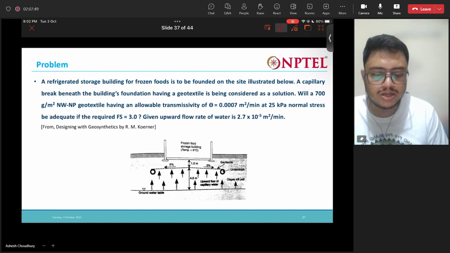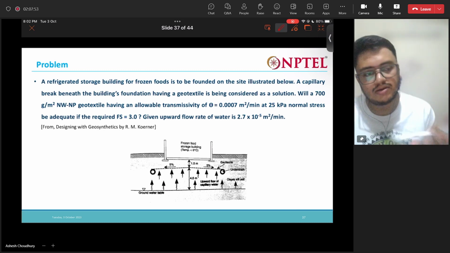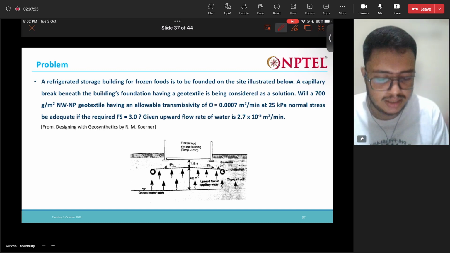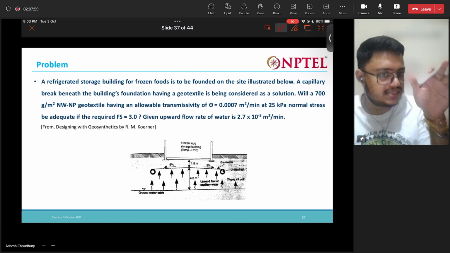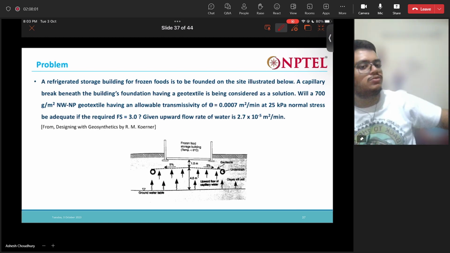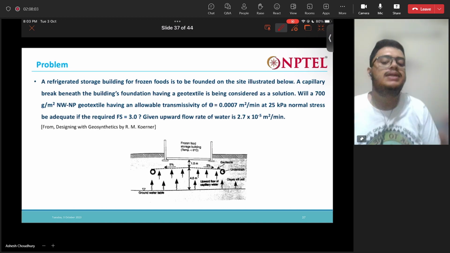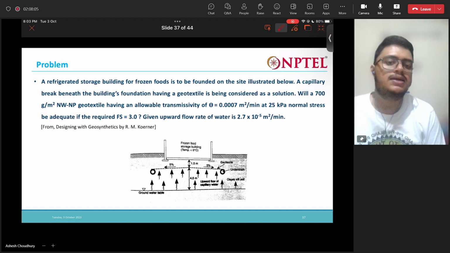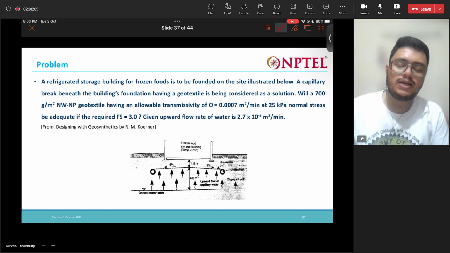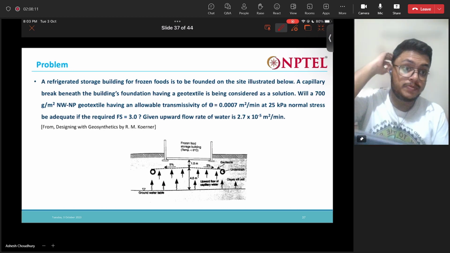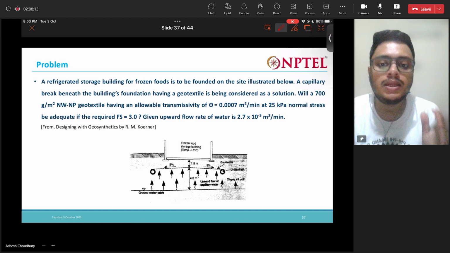For that purpose we are using a geotextile that will arrest the water and drain it out through the under drains. The geotextile will catch the water, the water will flow through the geotextile and then ultimately drain into the under drains, which will carry the water away. This is the main purpose.